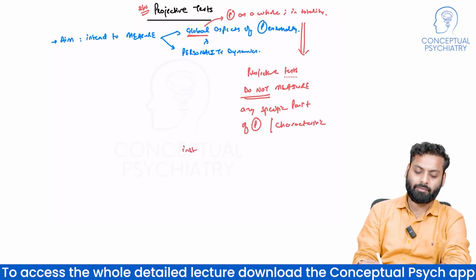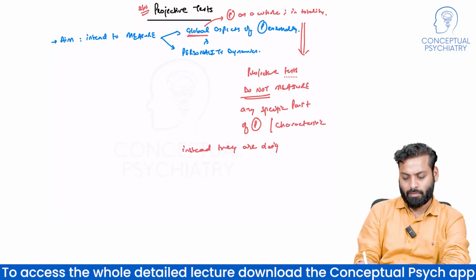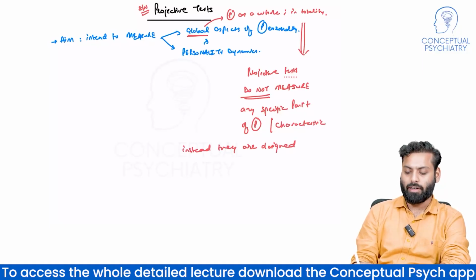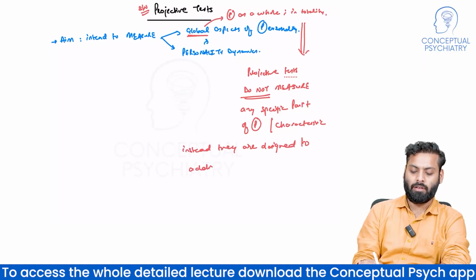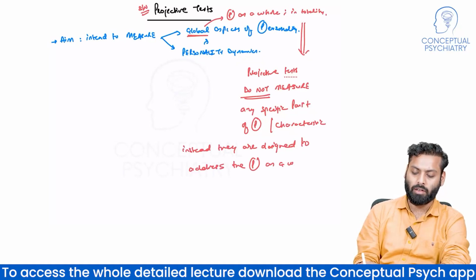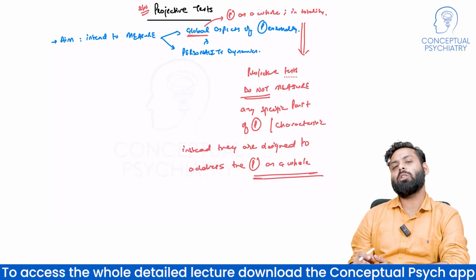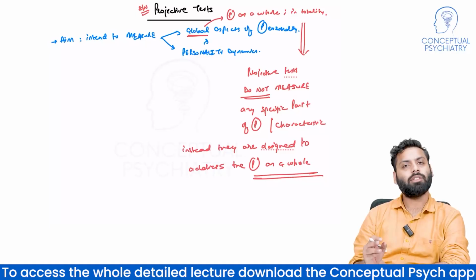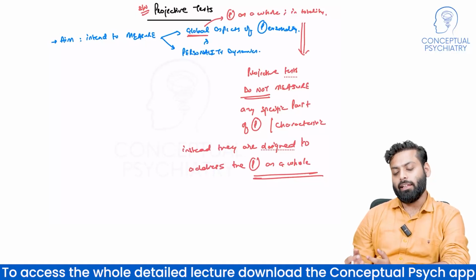Instead, they are designed to address the personality as a whole. You cannot measure only impulsivity, or only the dissocial traits. No, you cannot. These tests will give you the personality in totality.